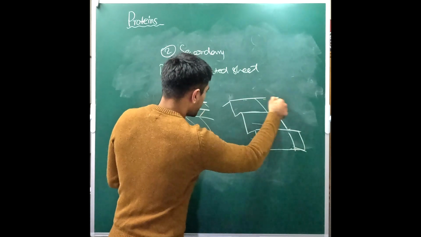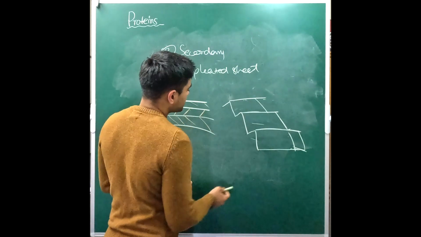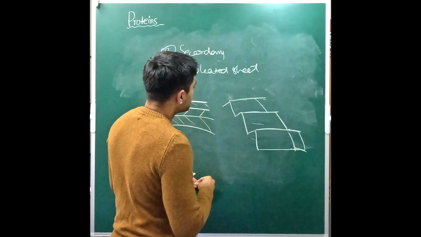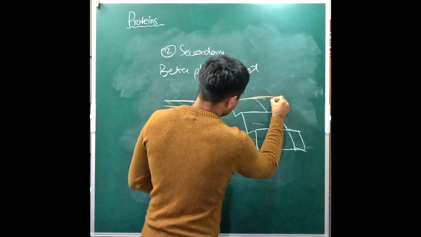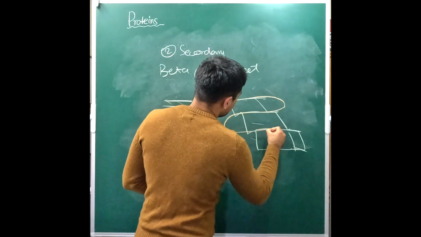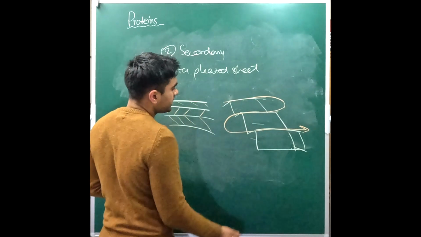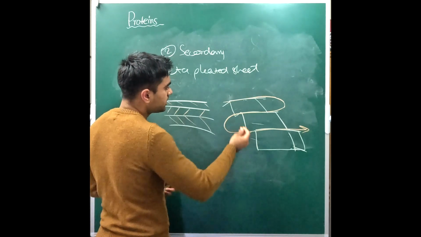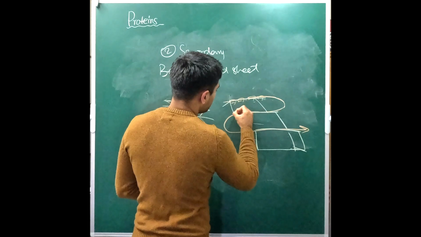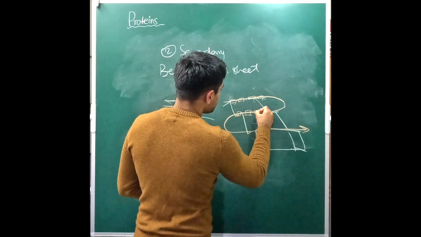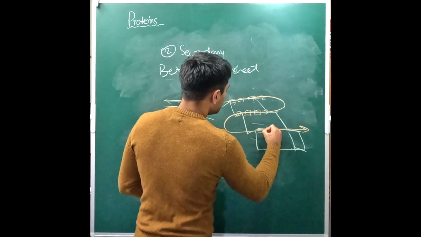Now these are your chains. I probably should tell you, one type of beta pleated sheet is kind of like this. Now this is your protein chain. These protein chains will fold over. Here, all amino acids in your protein chain: amino acid, amino acid, amino acid, amino acid, amino acid, amino acid.